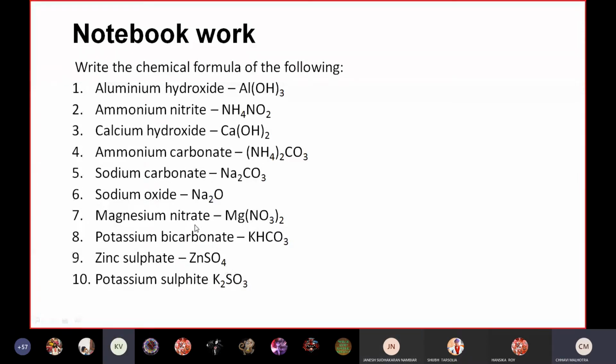Nitrate is 1. Nitrate is polyatomic, so we put it in brackets. No common factor, so we crisscross. Mg(NO3) whole twice.